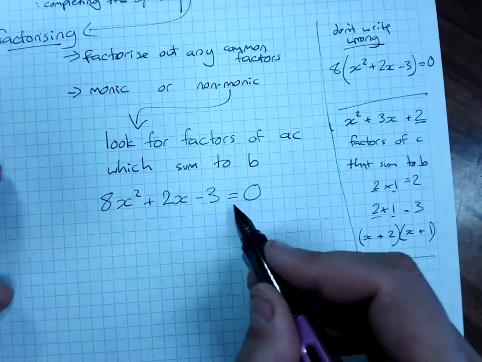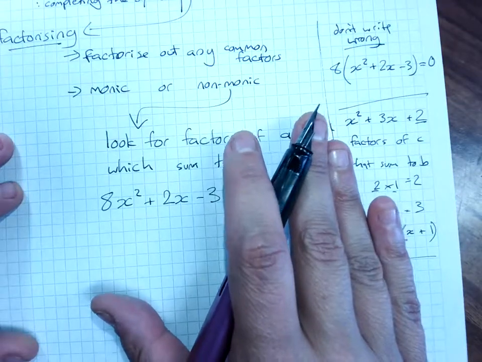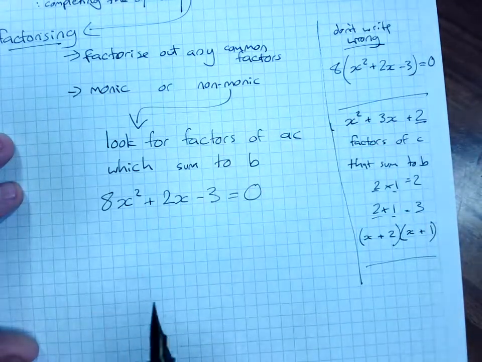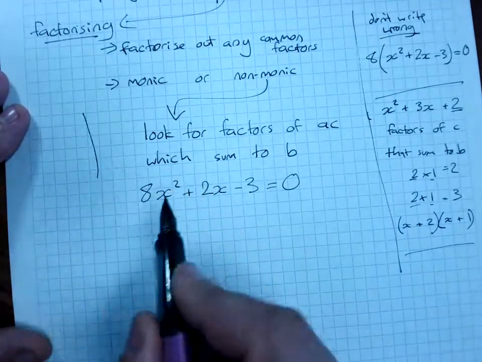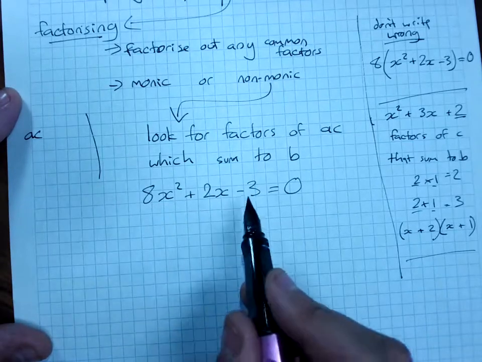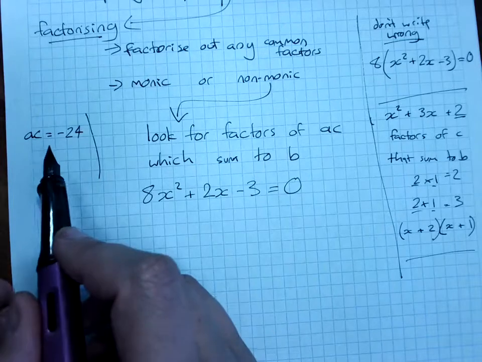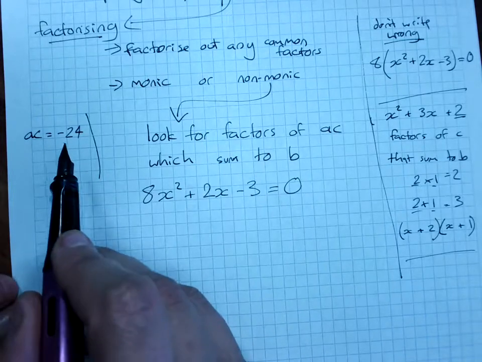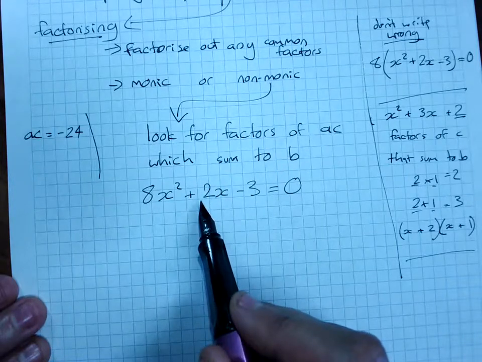Keep the equals 0 in there. Don't go leaving that off while you factorize. It's part of your equation. You leave it there. Over somewhere else where you're not going to be in the way of your working, A times C is 8 times negative 3. It's negative 24. I want a pair of factors of negative 24 that would add to give me 2.